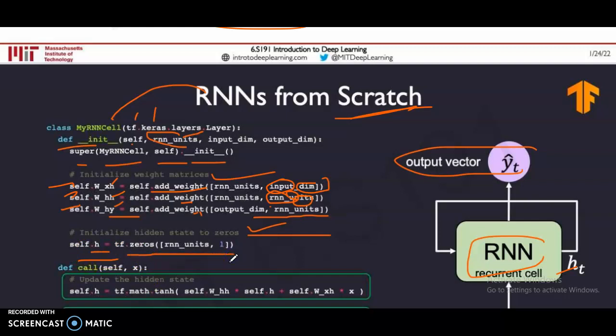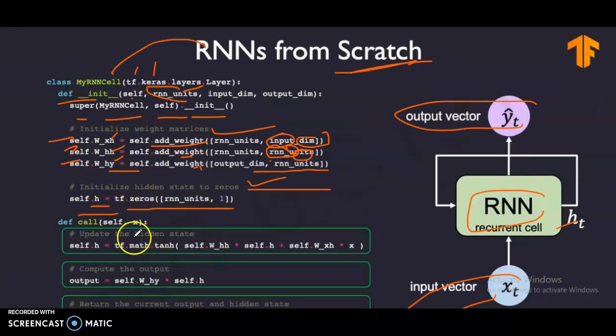Now the hidden state is initialized to zeros. Define the call method, self comma x.